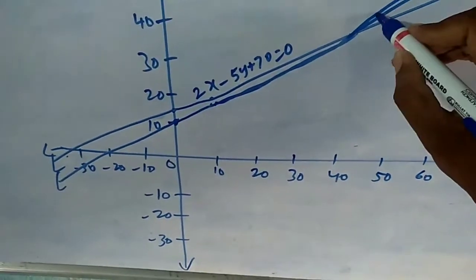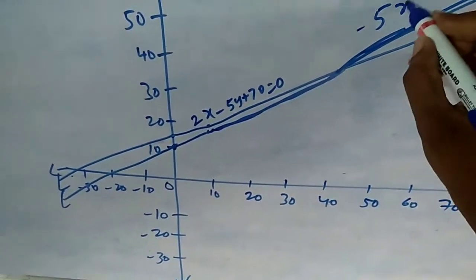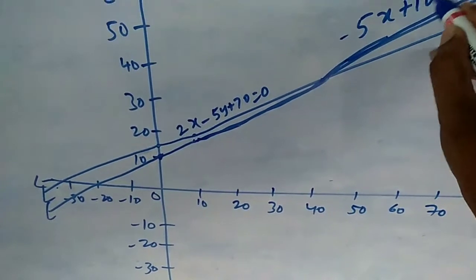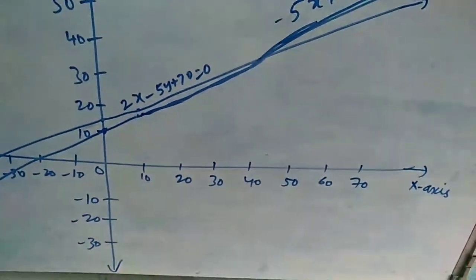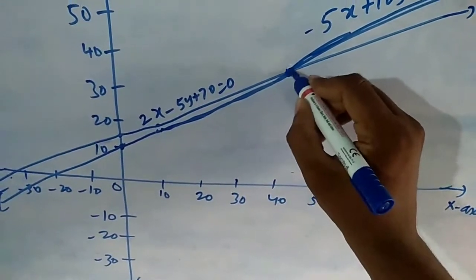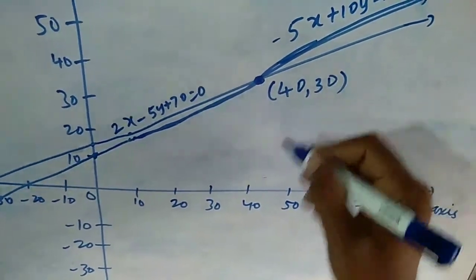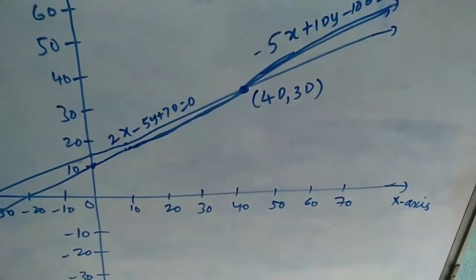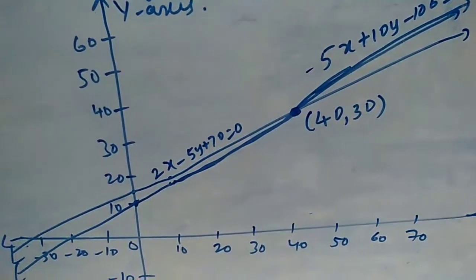so these two lines are intersecting like this. This equation is minus 5x plus 10y minus 100 is equal to 0. Both are intersecting at one point, so this point is coming as 40 comma 30.